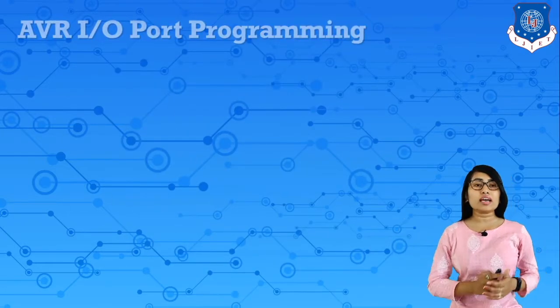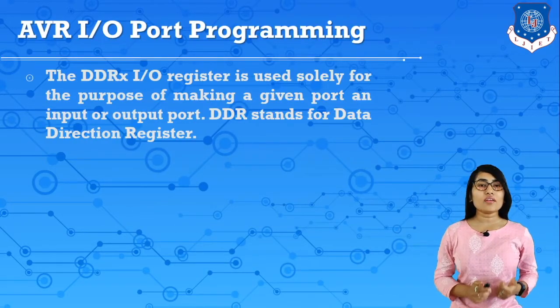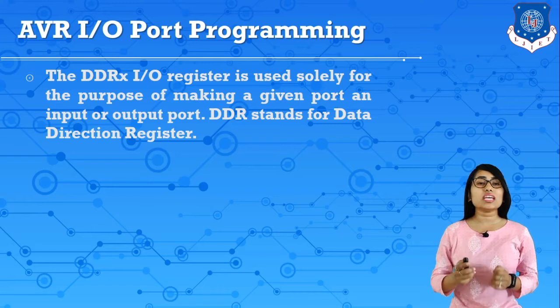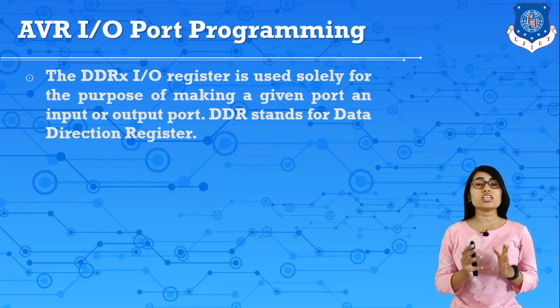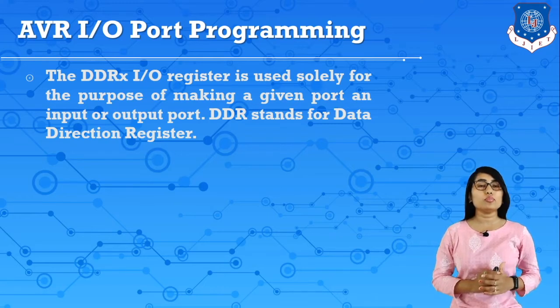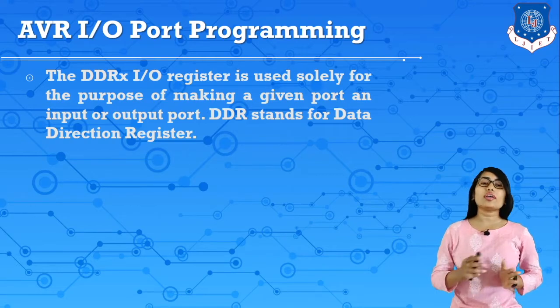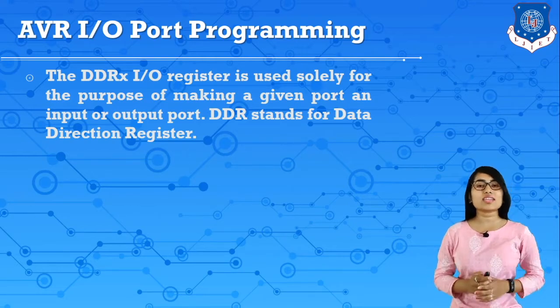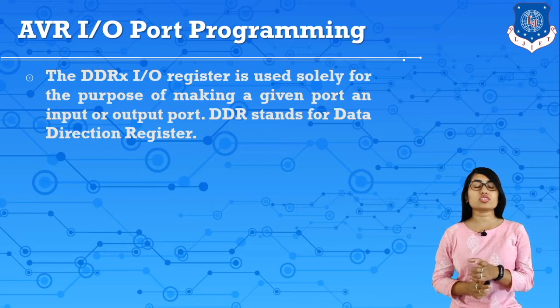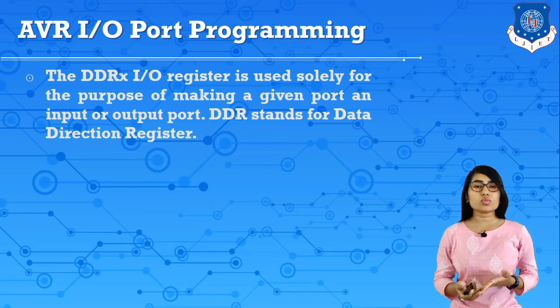Next we have the DDRX register. This DDRX input output register is used for the purpose of making a given port either input or output. DDR stands for data direction register.